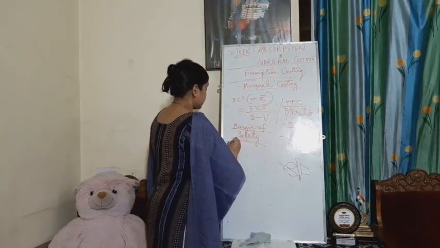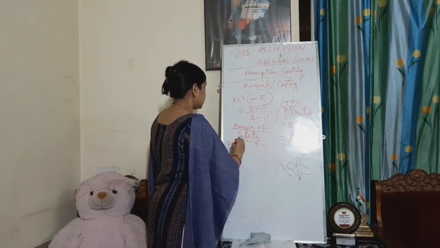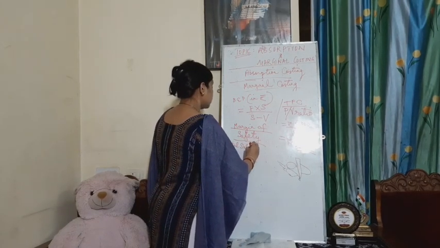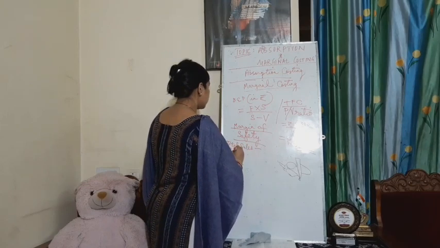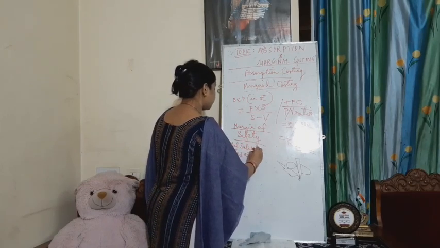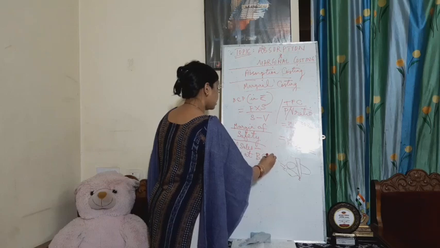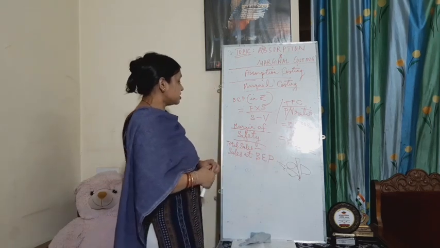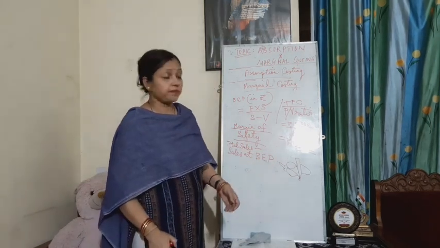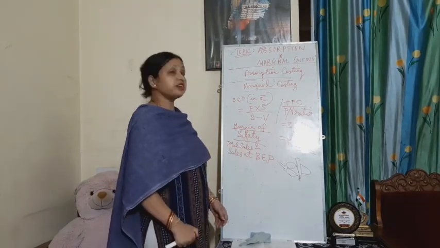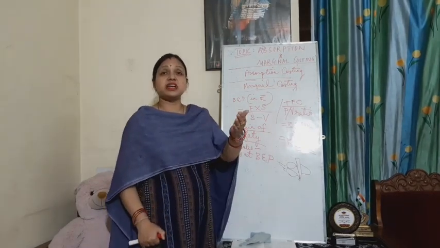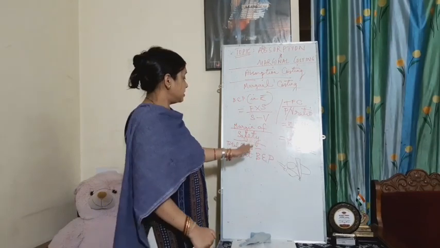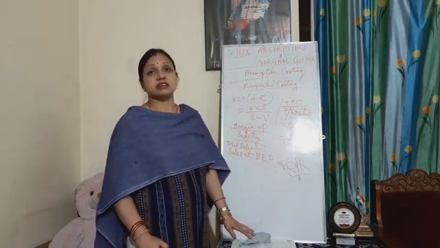So margin of safety actually means total sales minus sales at break even point. Suppose the total sales come to rupees 50 lakhs and the sales at break even point come to 40 lakhs. So 50 lakhs minus 40 lakhs, that is 10 lakh rupees, will be the margin of safety.